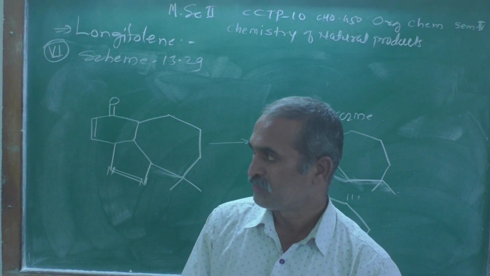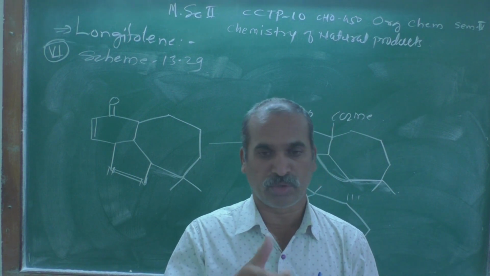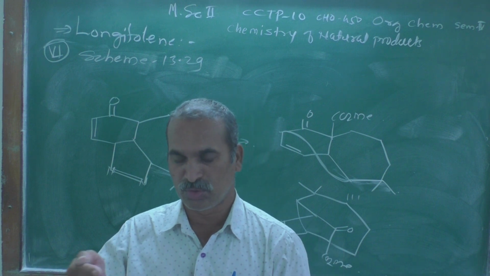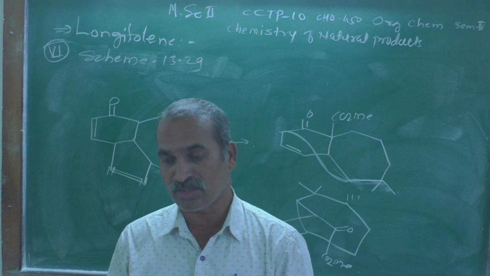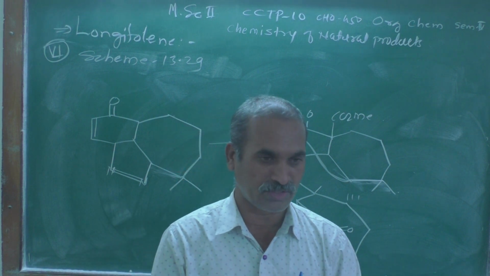One of the structures can rotate the plane of polarization to the right-hand side, and then you assign the R and S configuration, which is the absolute configuration.